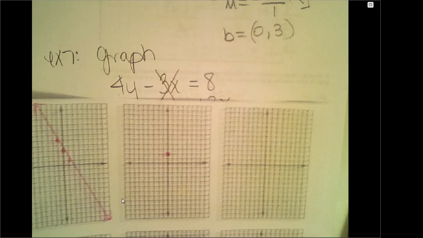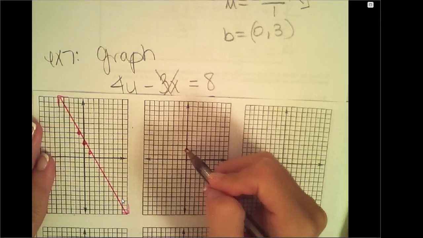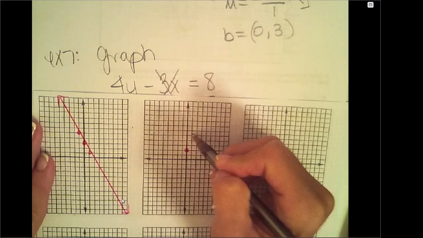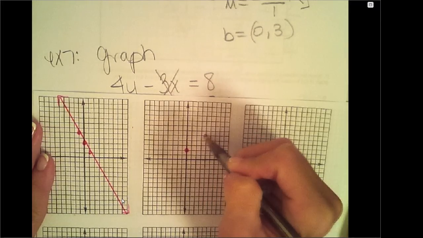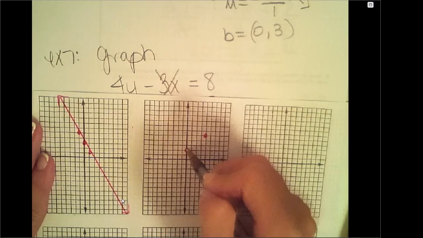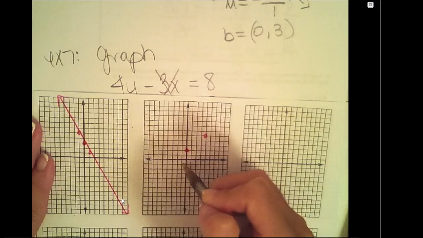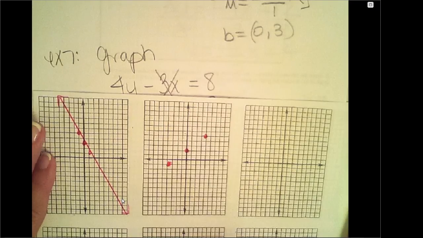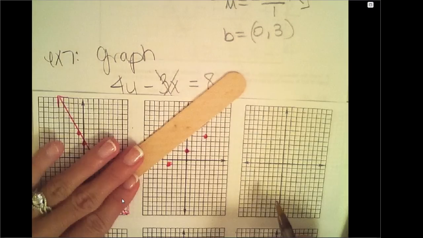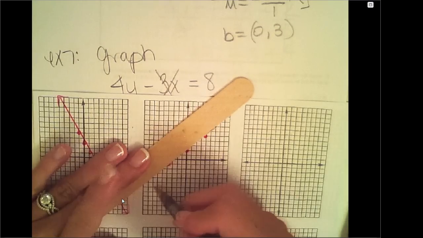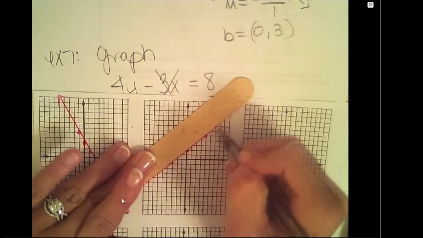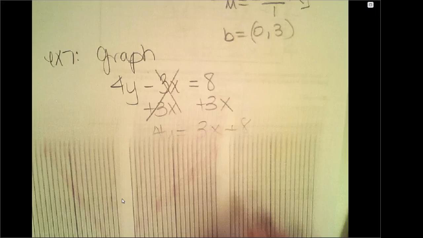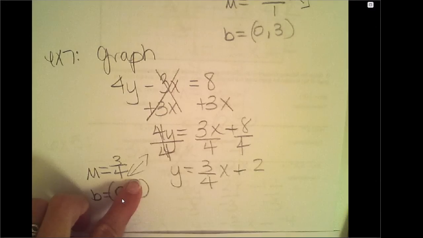So 3/4 means I'm going to rise 3, I'm going to go up 3 and right 4. So if I go up and right, I need to go down and left. Connect my points all the way through my graph, and then to check it, is this line in the same direction as this line? And yes, they are.